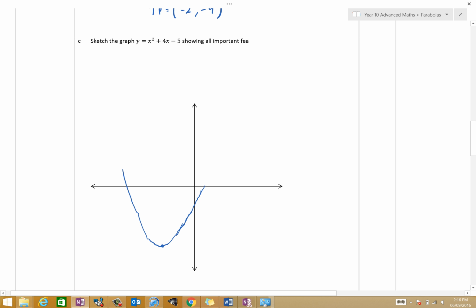And we're also going to have an x-intercept somewhere. Now, that value there is minus 5. This here is minus 2, minus 9. We know that that turning point is halfway between the intercepts, but we don't know what the x-intercept is.